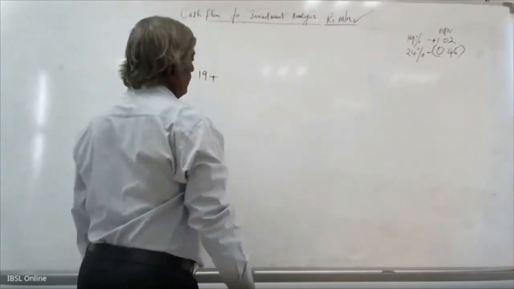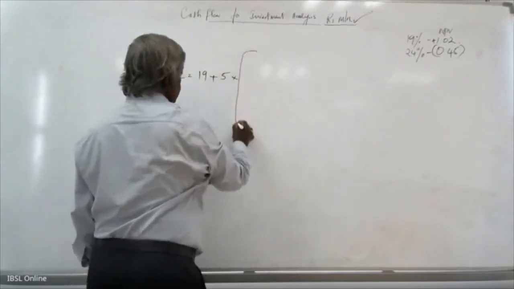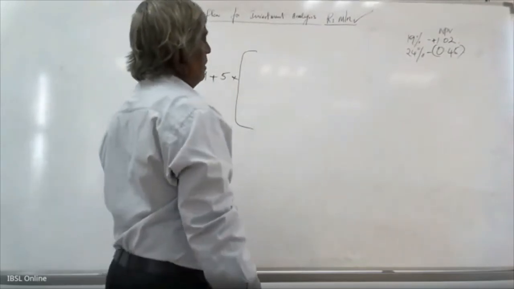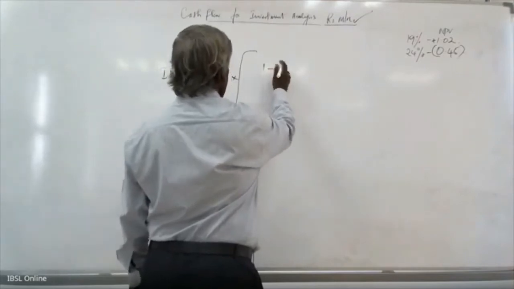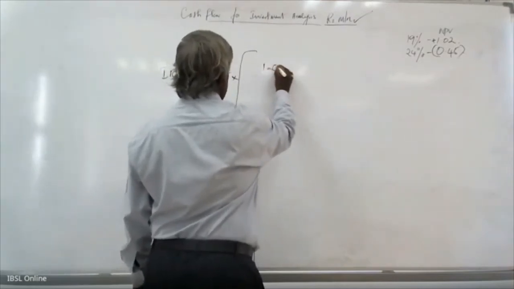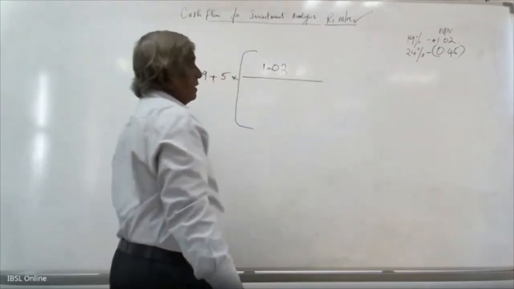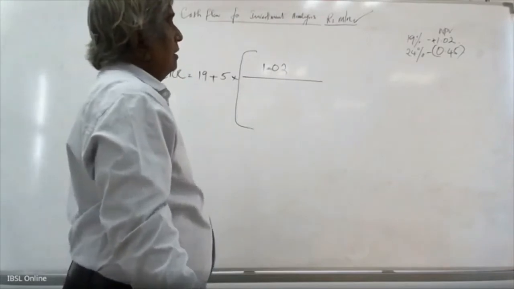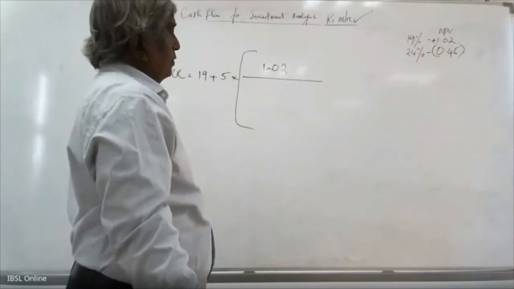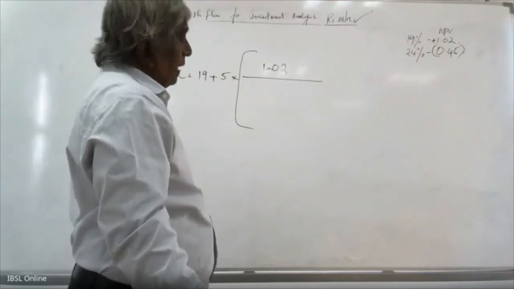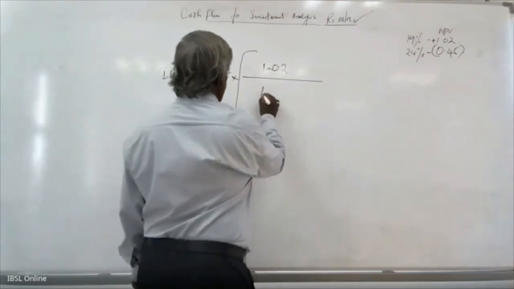Plus the difference between the two discount rates, 5, into bracket, NPV at the lowest discount rate, 1.02, divided by the sum of the NPVs of both discount rates, signs ignored. So it will be 1.02 plus 0.45, 1.47.